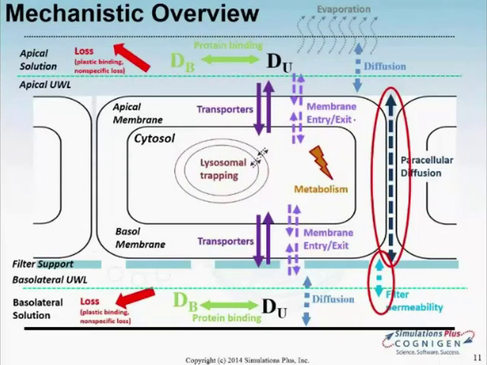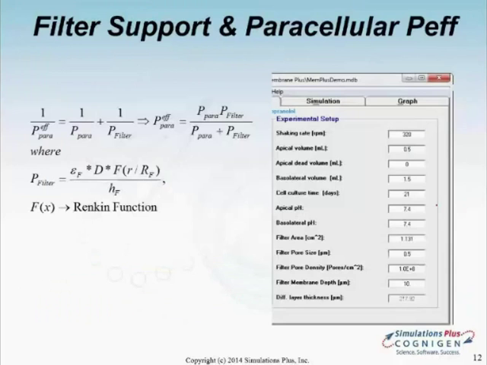For paracellular passive diffusion or filter permeability, we are using the published equations. Again, you may know this equation heavily from accounting for paracellular permeability. The same equation accounting for the relationship between the size of your molecule and pore sizes, whether pore sizes of the filter or the pore sizes in the tight junctions between the cells, accounting for the porosity and length of the pores.